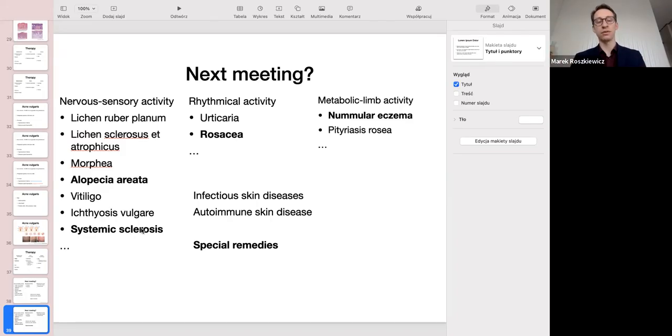And I put a lot of my studies on systemic sclerosis because when I was working in a hospital, in our department, we were known in our city, and not only in the city, that we have a lot of systemic sclerosis patients. And that is why I also made my PhD on these patients.